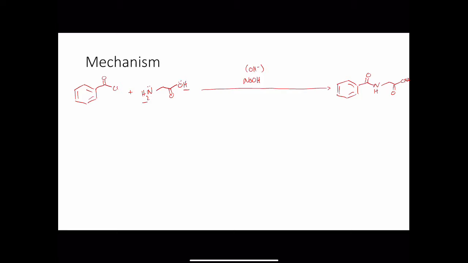So, like I said, both of these have lone pairs on them, but the lone pair on nitrogen is going to actually do the nucleophilic attack of that electrophilic carbon, and that's going to push the electrons from the carbon-oxygen double bond up onto the oxygen. And so we'll get to this doubly charged intermediate, but overall it's a neutral molecule, okay? So we'll get to this intermediate that I'm drawing here.